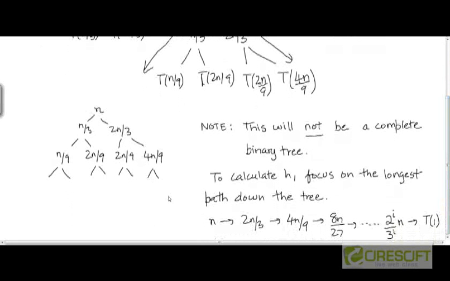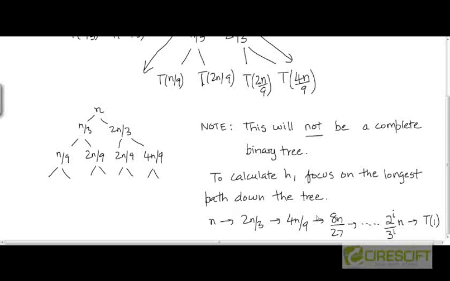So if you want to calculate the height of the tree, we have to choose that path along which the rate of decrease of the subproblem size is the least. In other words, the subproblems are not decreasing at a very large rate along that path. And this is that path, the rightmost path.